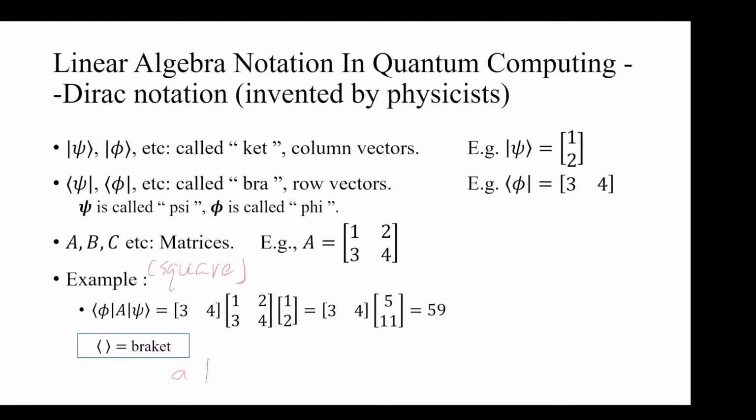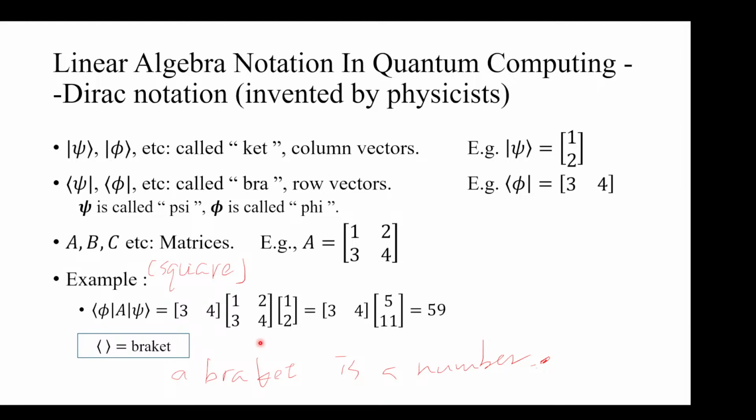A bracket is a number. That's a good sanity check when you do computation. This looks very simple here, but it will get complicated when we talk about tensor products.